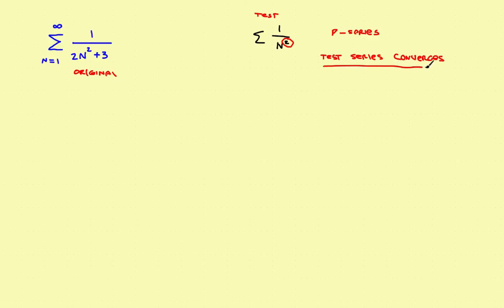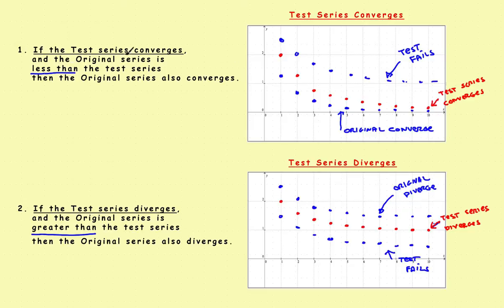So you know that this test series converges. Graphically, let's take a quick look and see where that puts you. That puts you up at this one. The test series converges, so you've got this red series of dots right here. In that case, the best you can hope for is that the original series is less than this, and it will also converge. So you're hoping that your original series will turn out to be less than the test series. Let's see what happens.